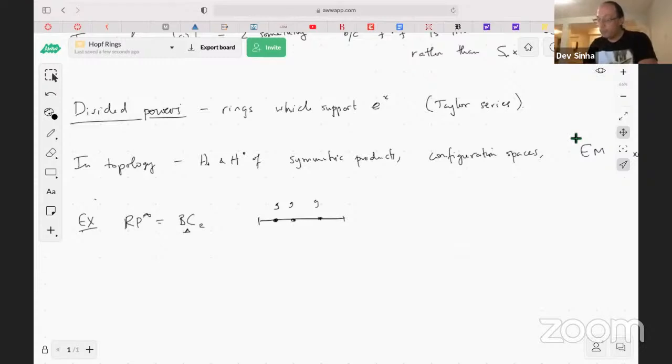And then one advantage of this model is that it is an abelian group itself through juxtaposition. So maybe I'll have the very first ones line up. And if I take the sum of two things, I basically take the union on the same number line. But if two points line up, I multiply them.